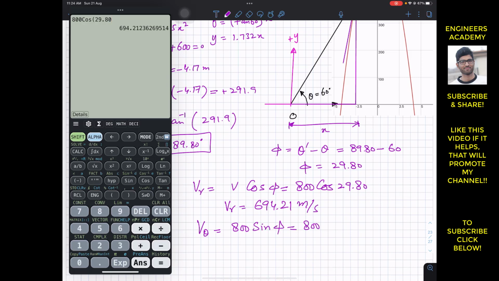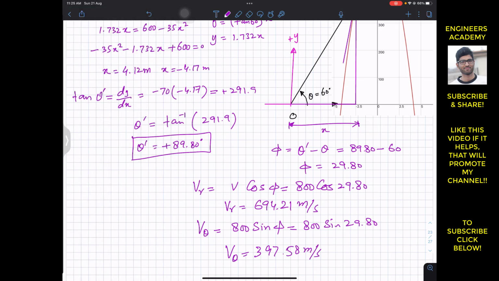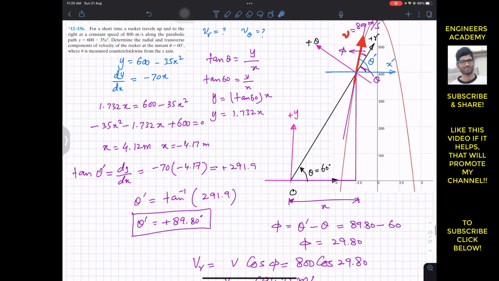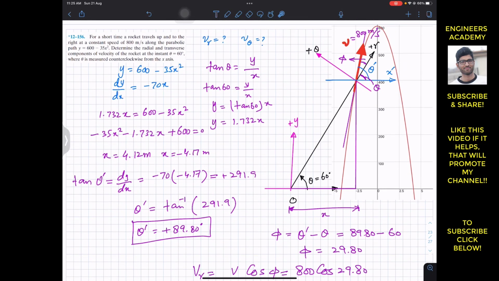So 800 sine of 29.80 gives us the transverse component of the velocity equal to 397.58 meters per second. So this is the radial component of the velocity, and this is the transverse component of the velocity which was required. So this problem is a little bit tricky.